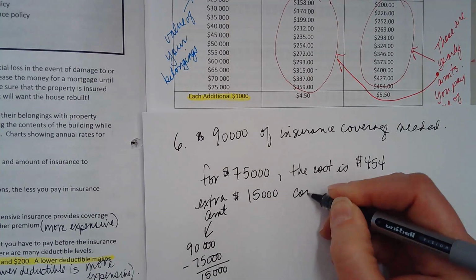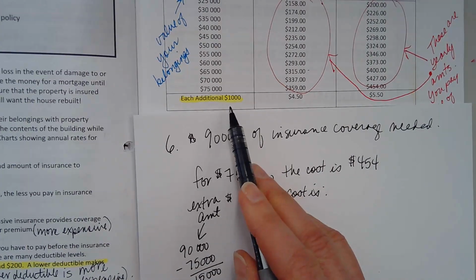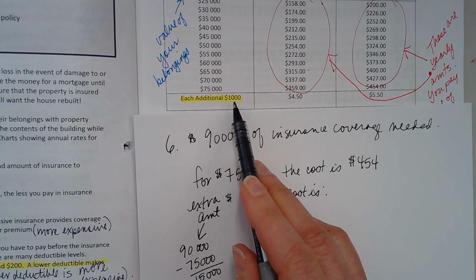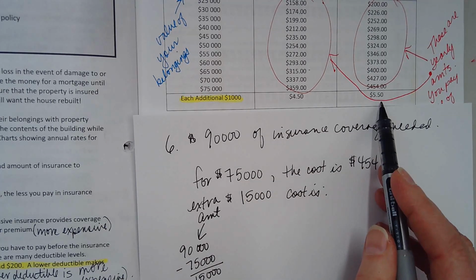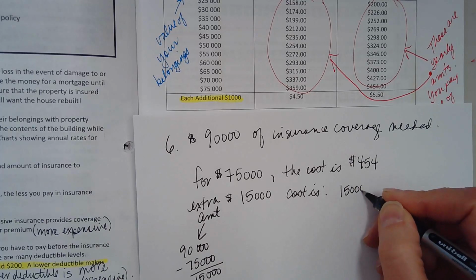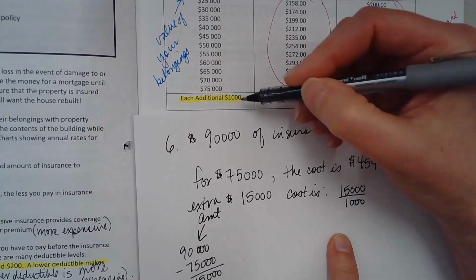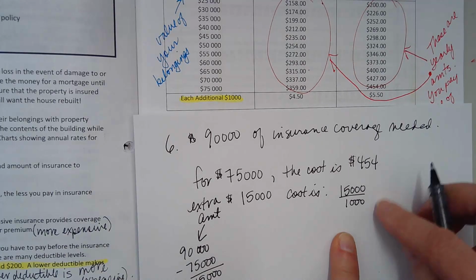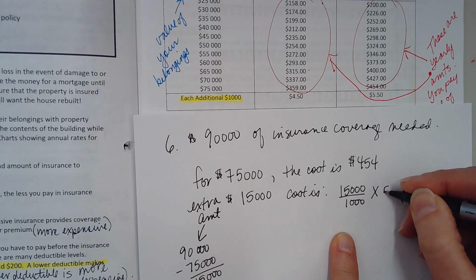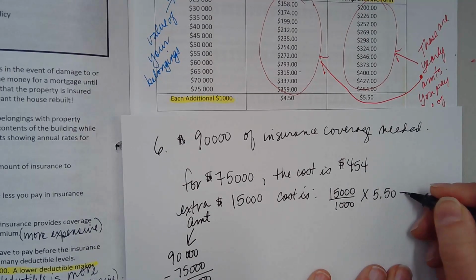Okay, so the cost, it tells me how to calculate. For each additional 1,000, that means it's a divide by 1,000 question, you're charged $550. So I take my 15,000 and I divide by 1,000 to see how many 1,000 units I have in there, right? And then I'm going to times by 550. Very similar to our mortgage payment.